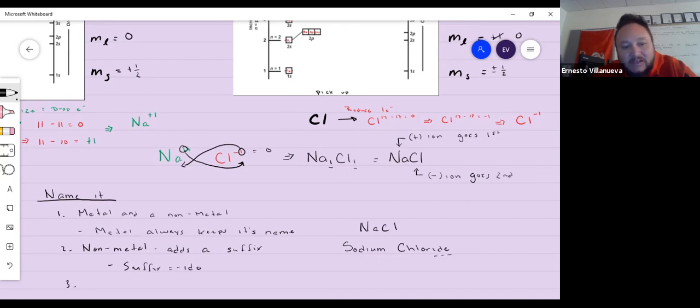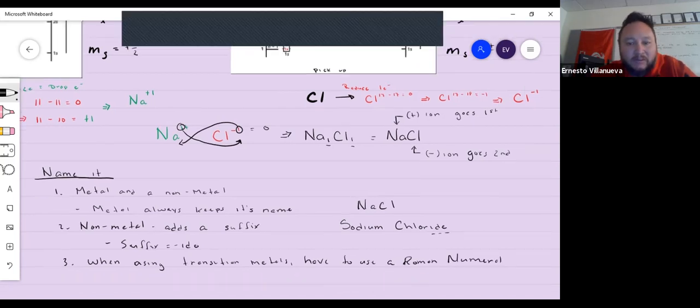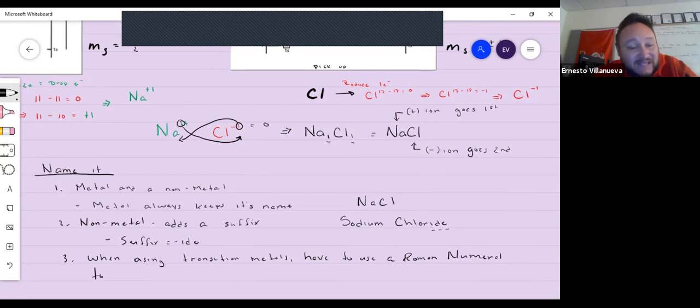The last rule is when using transition metals, you have to use a Roman numeral to denote the charge, because transition metals have more than one oxidation state, so you have to tell me which one it is.